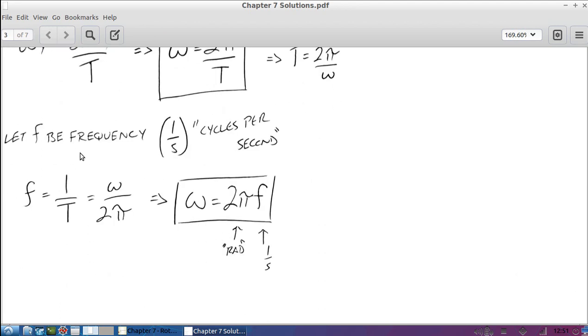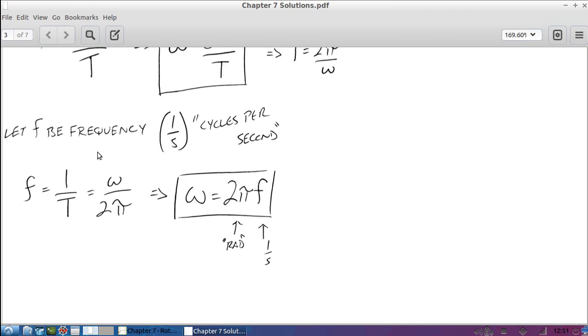If you remember the electromagnetic spectrum from chemistry class, you see the relationship between wavelength and frequency, right? So you saw frequency a little bit as far as how waves behave. So frequency is cycles per second. That's how many times this object will go around in 1 second, right?